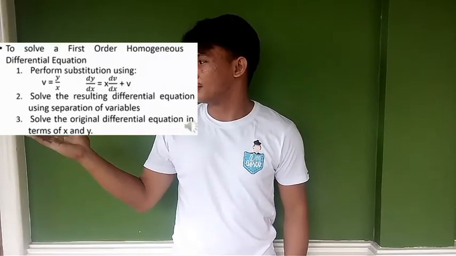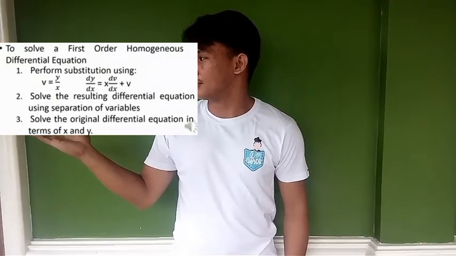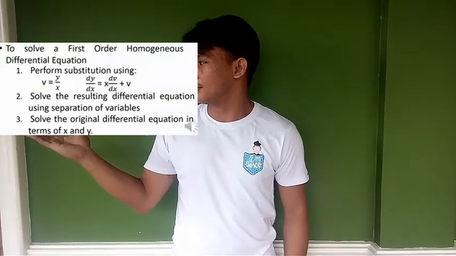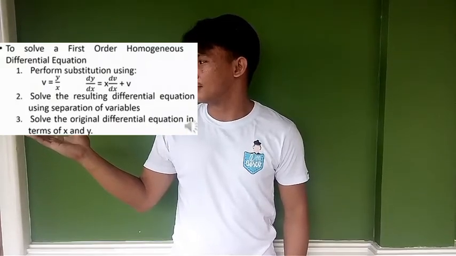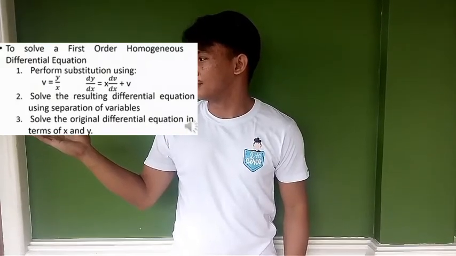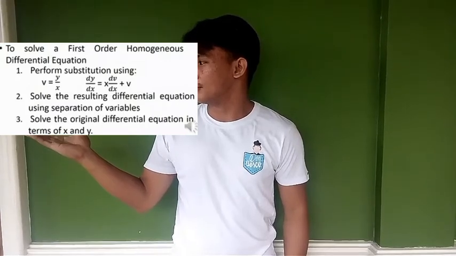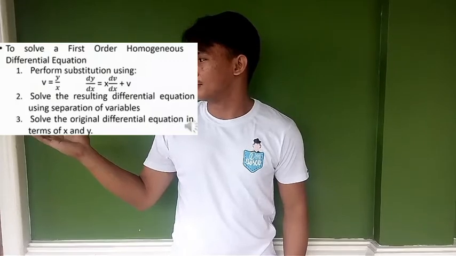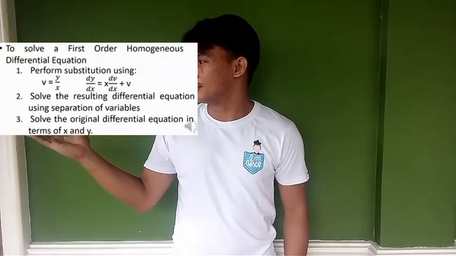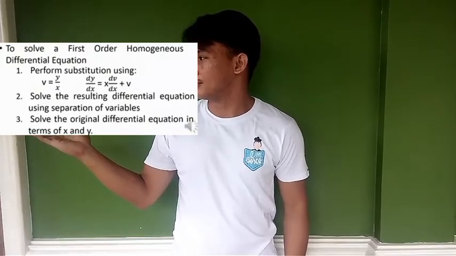So, to solve the first order homogeneous differential equation, there are steps to follow. First, perform substitution using v equals y over x and dy over dx equals x times dv over dx plus v.